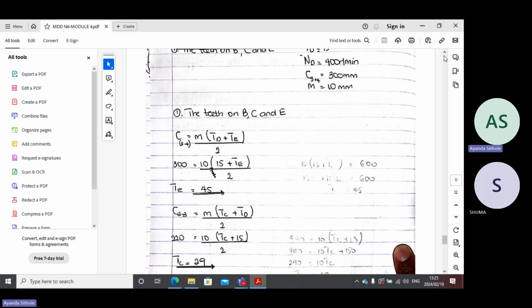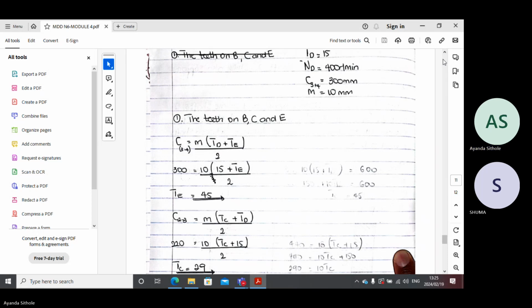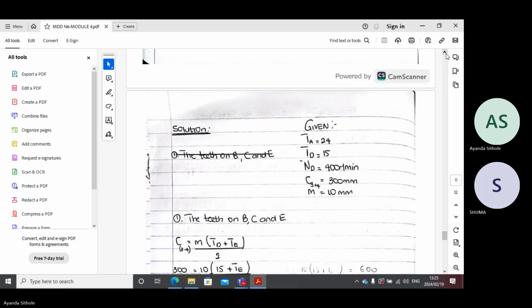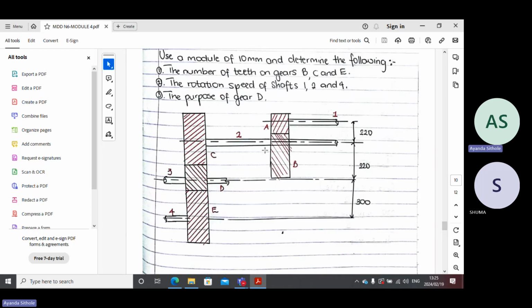Let's go back to our drawing so that you will see. This is our shaft 3 and 4. Shafts 3 and 4 have the gears E and D. Can you see that? These are the two gears.